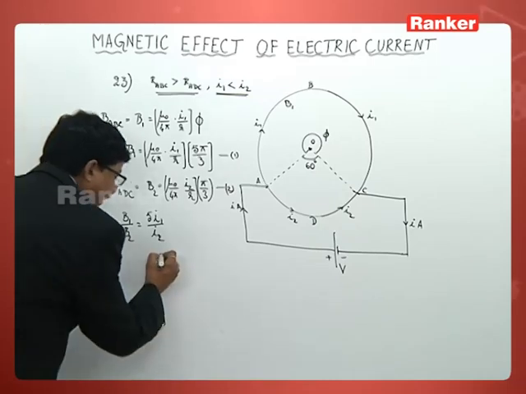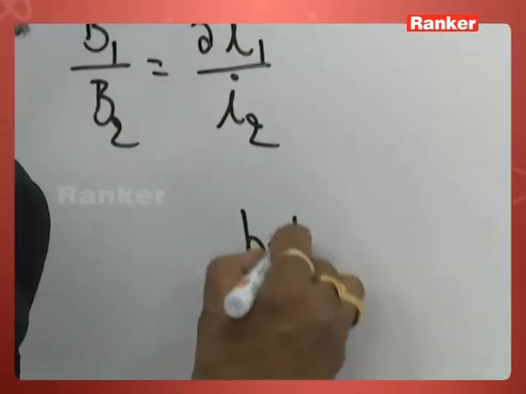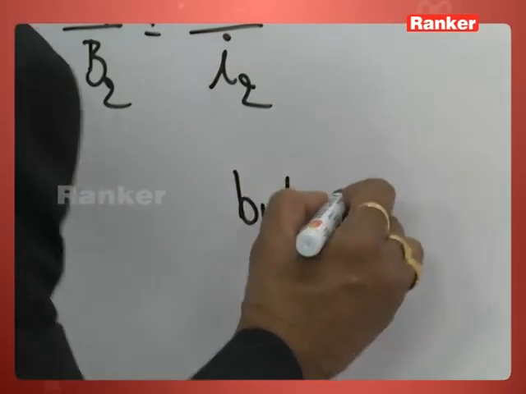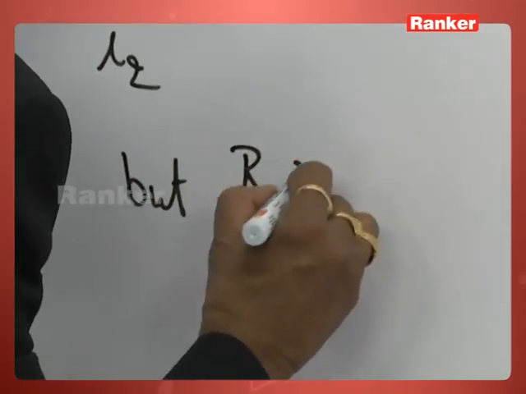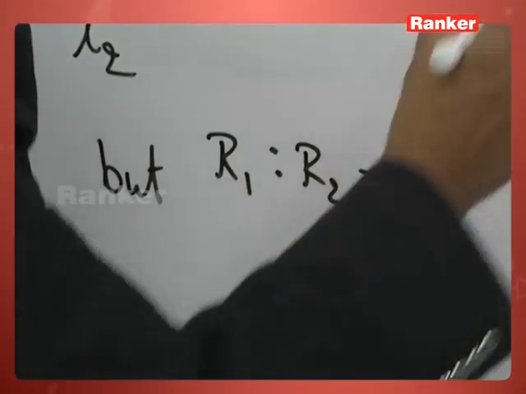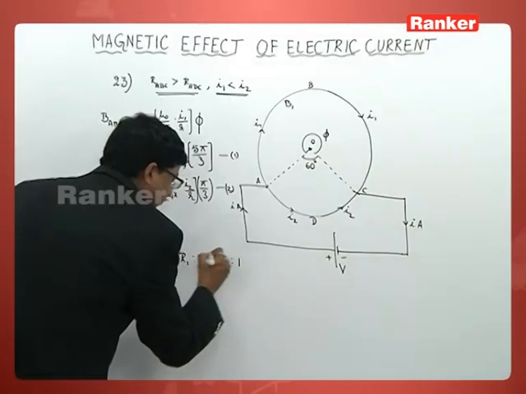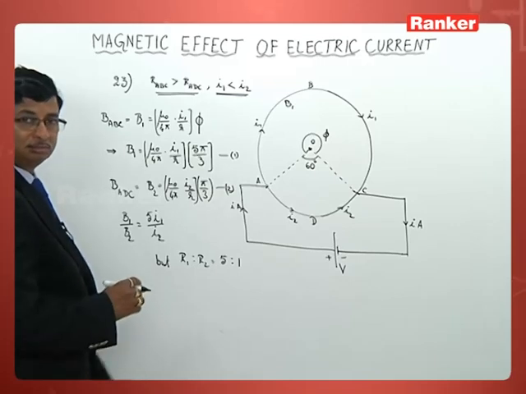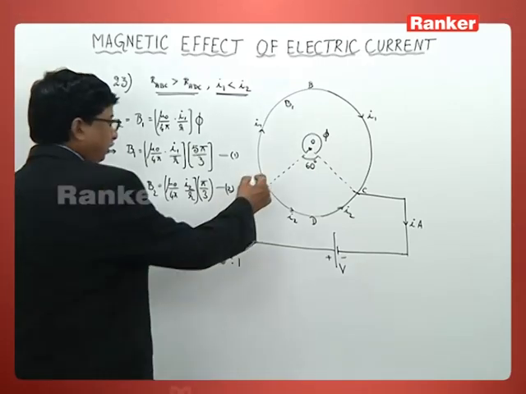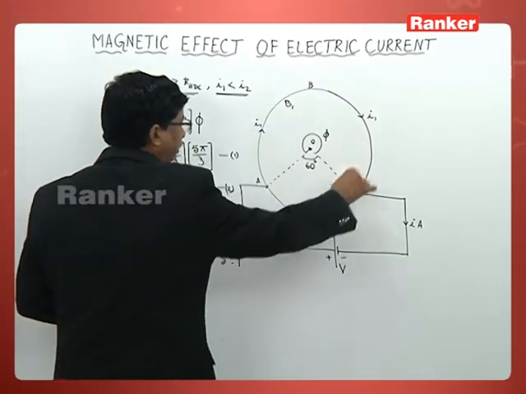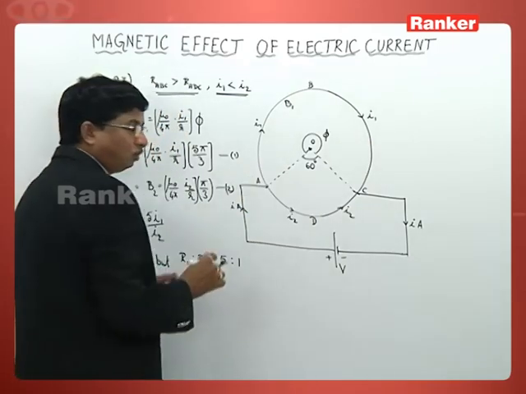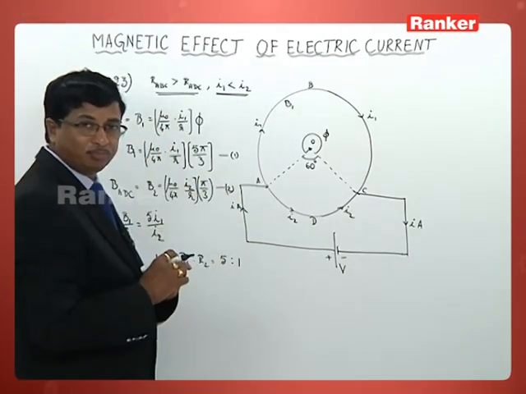But all of you can understand here, R1 is to R2, in this case, is 5 is to 1. How come? This is a total of 6 parts I am considering, total angle is 360 degrees.